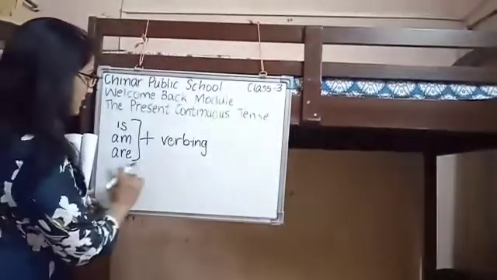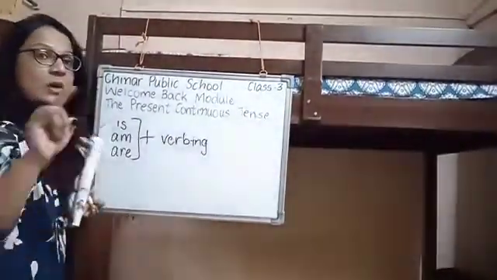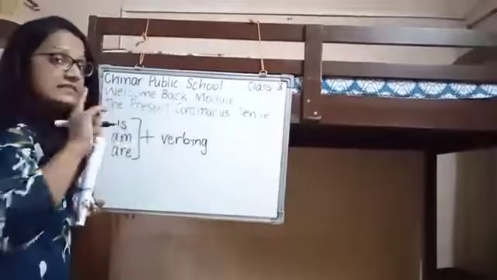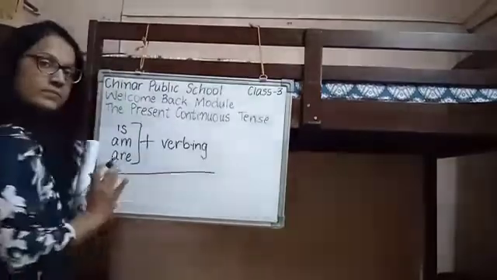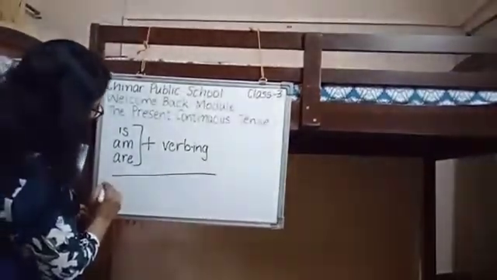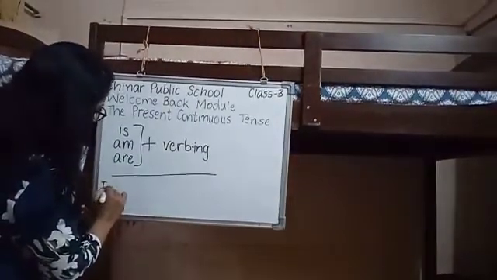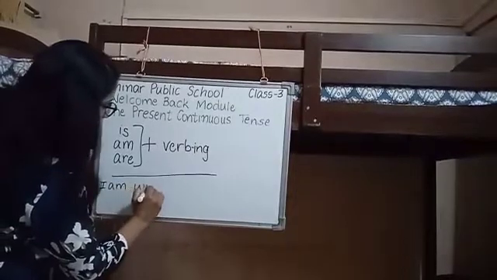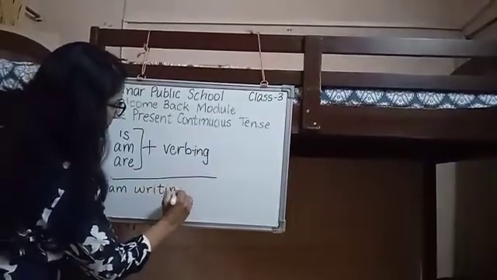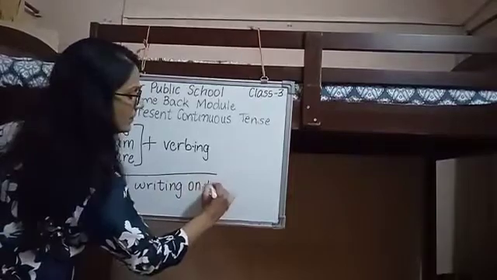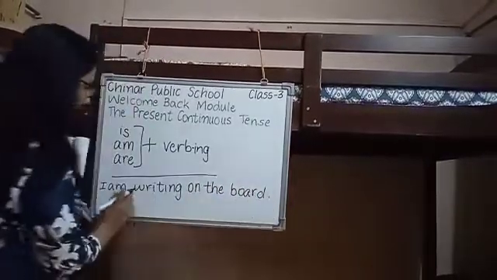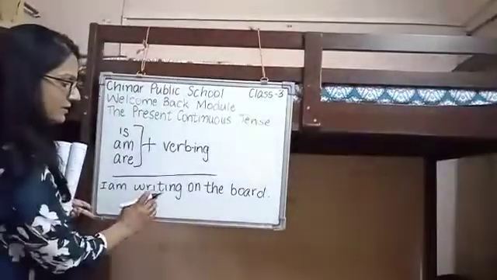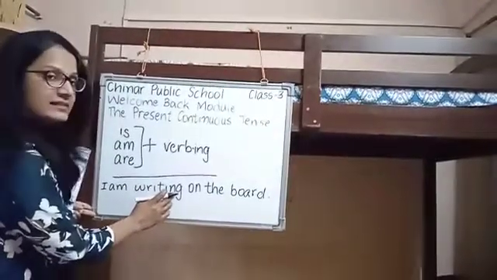So when we are asked to underline the verbs in such sentences, we generally underline the two words. If I say, for example, I am writing on the board, taking the same example, we can see am, write is the verb and ing is there.